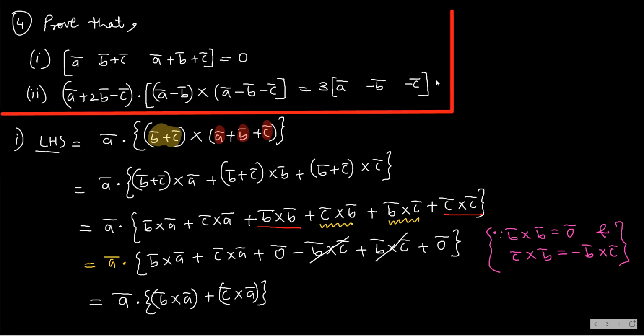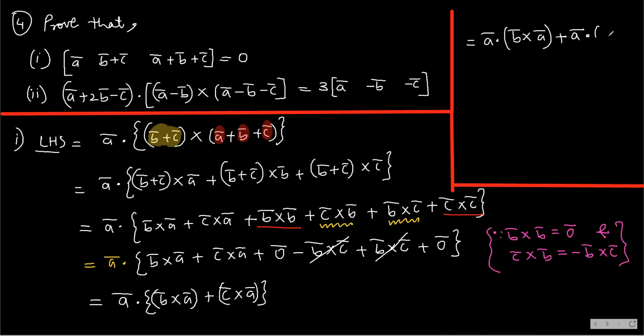Okay, first let me make the compartment. Okay, so in the next step, I will get A bar dot B bar cross A bar plus A bar dot C bar cross A bar.